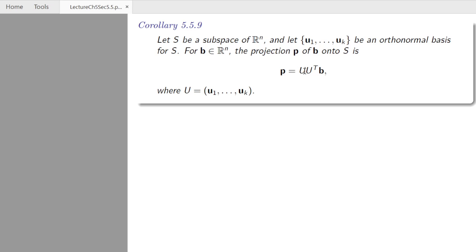Here, U is an n by k matrix. Its column vectors are u1, u2 to uk. Now, recall u1, u2 to uk is a basis of a subspace S of R^n.